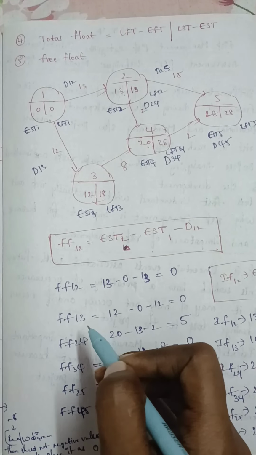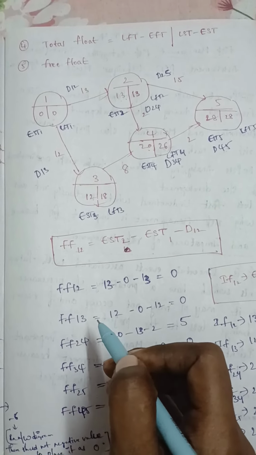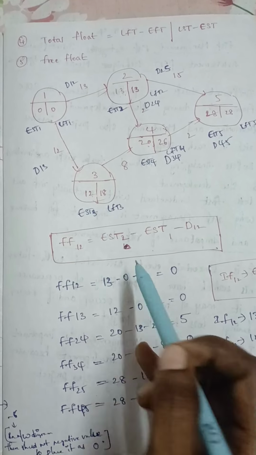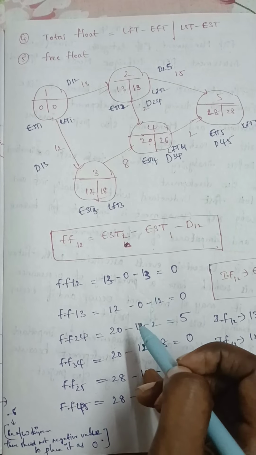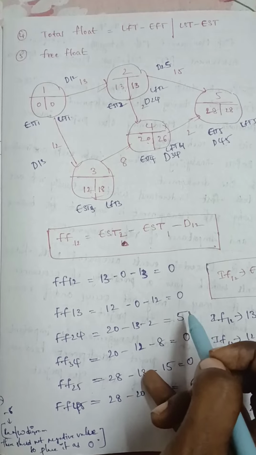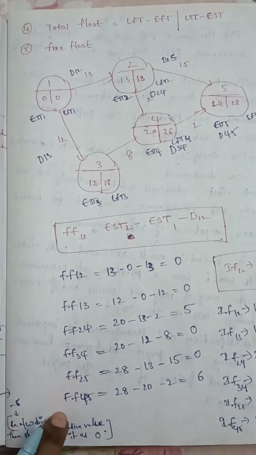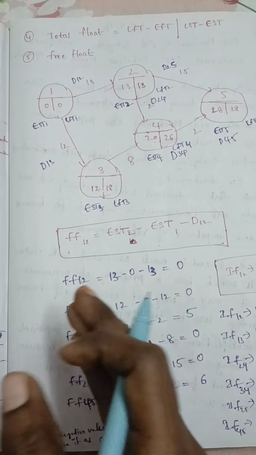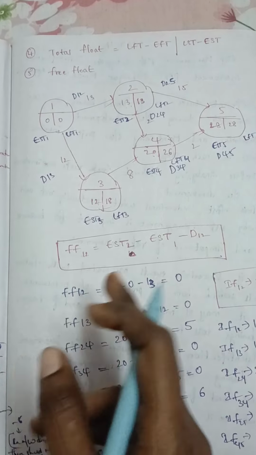Again for the free float of activity 1 to 3, we have EST3 which is 12 minus EST1 which is 0 minus the duration of 1 to 3 which is 12, so it equals 0. In this way we find the free float for all the activities: EST2 minus EST1 minus the duration of the activity.